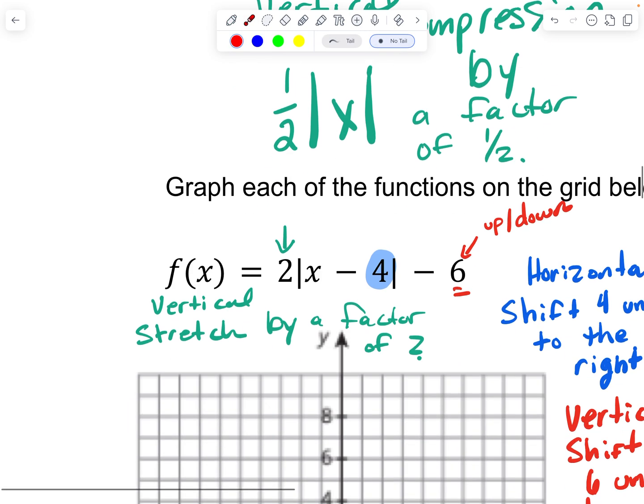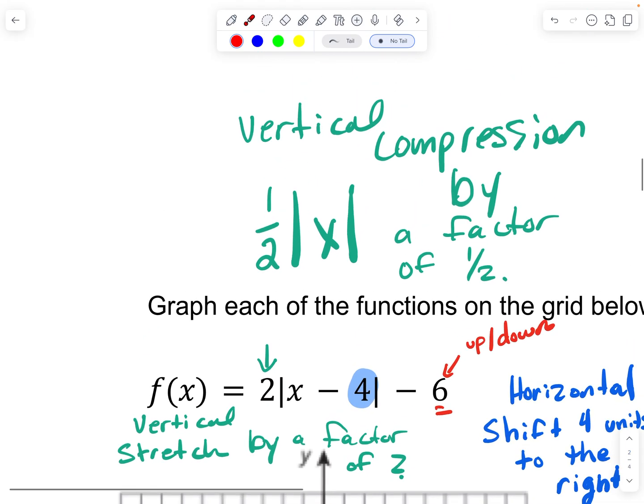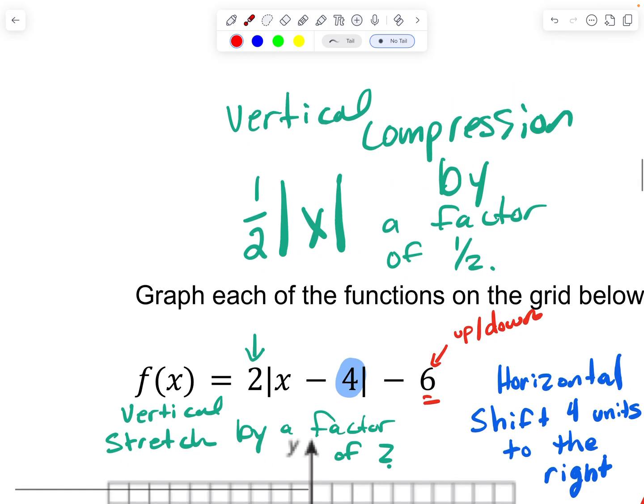Basically, if the number is bigger than 1, it is a vertical stretch. If the number is between 0 and 1, like 1/2, 1/3, 1/4, it is going to be a vertical compression. Again, the keywords that you want to say are vertical compression, factor of 1/2. We want to see the word vertical. We want to see the word compression or stretch.